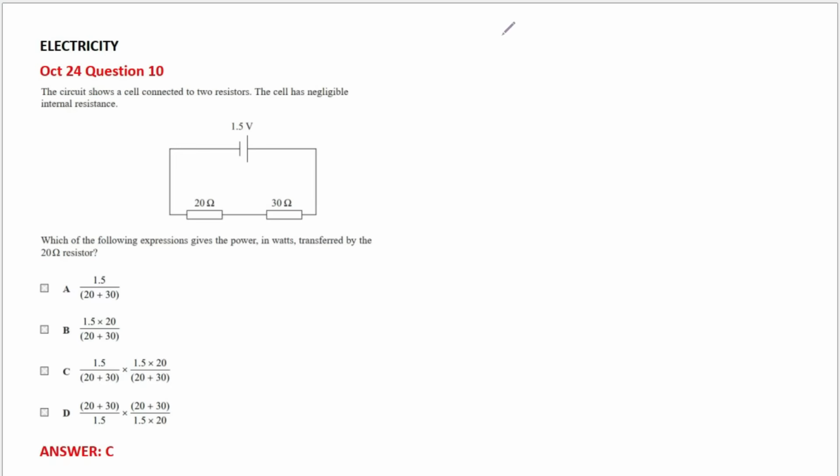So let's first recall the equation for power. So power is equal to IV, right? And for the 20 ohm resistor, we need to find out the potential difference across the 20 ohm. So you see these two are connected in series, right? And when it comes to a series circuit, the potential difference is shared according to the ratio of resistance.